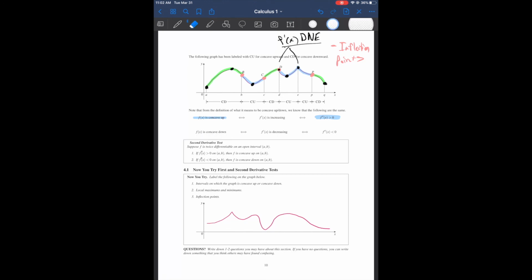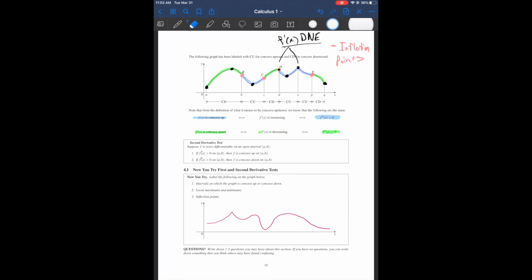Now, doing the same thing with concave down: concave down meant that I was looking at a derivative that was decreasing. A function is decreasing when its derivative is less than 0, so f prime is decreasing when f double prime is less than 0.